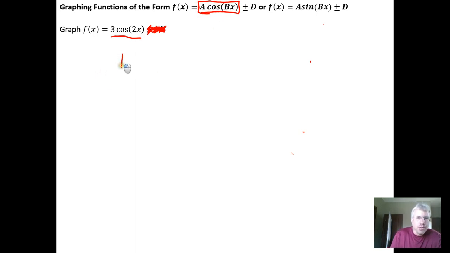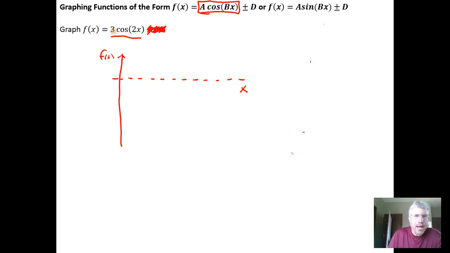So start by establishing a vertical axis. So here's the f of x axis. And then think about, well, what would you do if you were graphing the function and it were not translated 10 units vertically? So let's pretend that this dashed line is the x-axis for a minute.